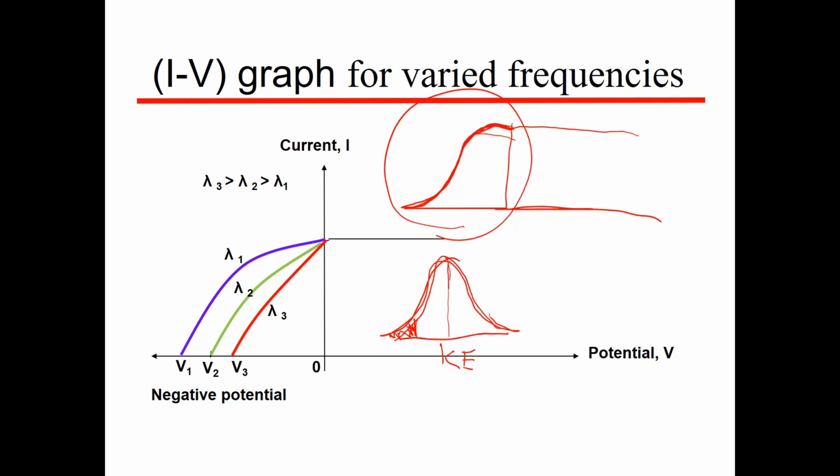When you increase your stopping potential by a bit more, in this range, you will kill off a lot of the electrons. They will not be able to reach the other side of the plate. That's why you see a large drop in current for a small change in potential. And there's a very small amount of electrons with a very high KE, which is why you have a slow decline for the last bit of the IV graph.